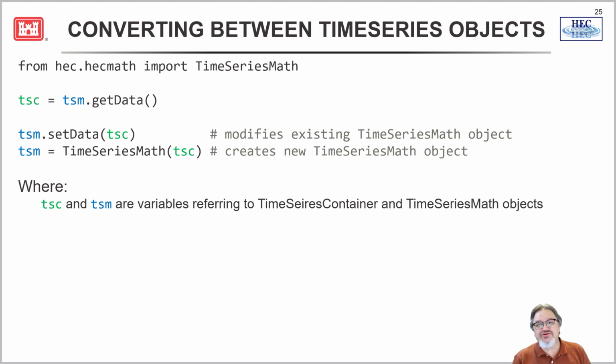It's a Java class, or you can look at it as a Python module, but it lives in hec.hecmath, and it's called TimeSeriesMath. So we use the import, like the first line there. Once we've done that, then we can do that second line, TSM equals TimeSeriesMath of, and we pass it the time series container. And that creates a new time series math object from an existing time series container.